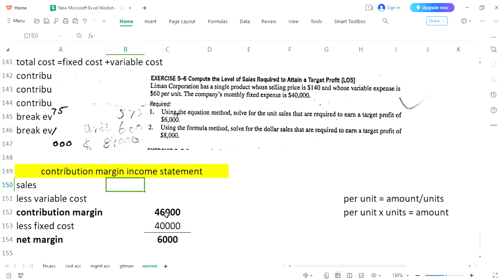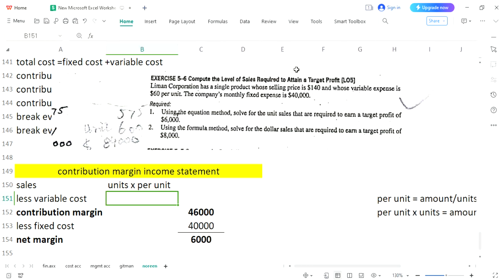Now here our problem has started. We needed to multiply units by per unit here, but as you can see we are provided only per unit. 140 is given, but units are not given. So instead of per unit, you can write 140 as the per unit sale price, but units are not available.